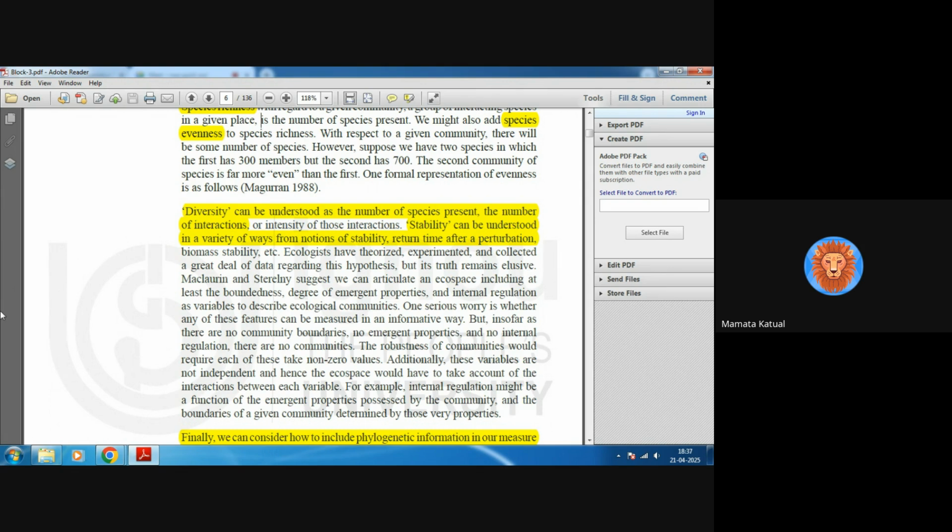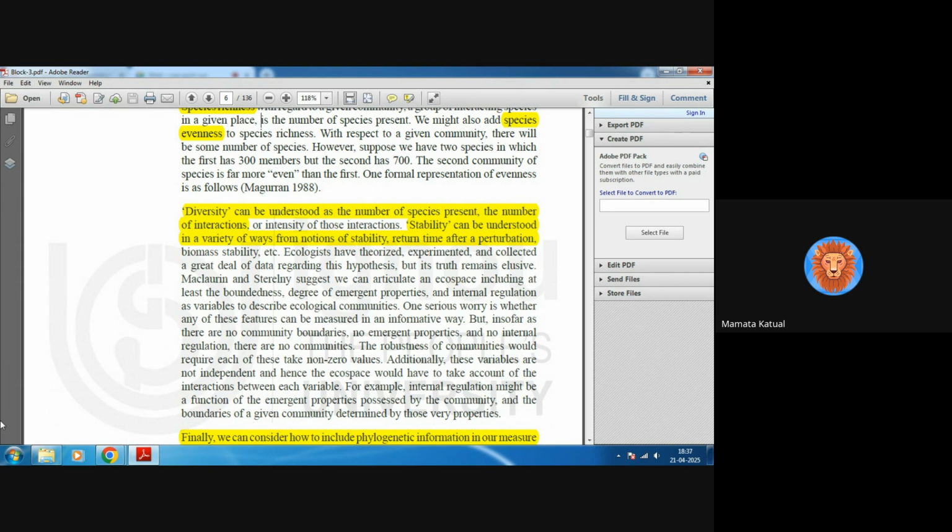If the ecosystem is not stable, the organisms may not survive. So how can we understand stability? By the return time after a perturbation. Perturbation means any disturbance in the ecosystem.